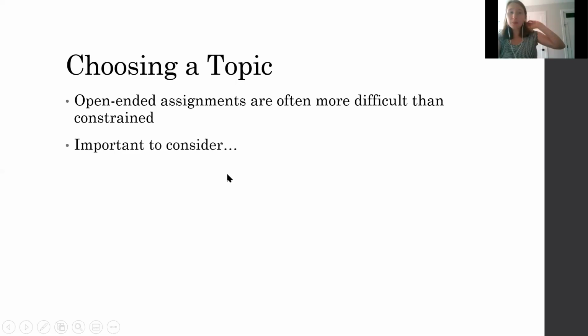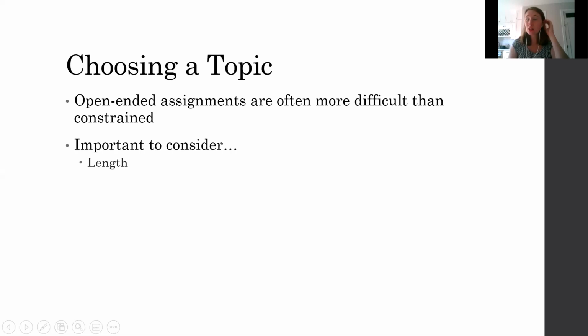When you are choosing a topic for an open-ended assignment, everything in this topic section is going to assume that you have a relatively open-ended assignment, because if you don't, there's no issue in the choosing a topic stage. So when you are choosing a topic, it's important to consider the length.